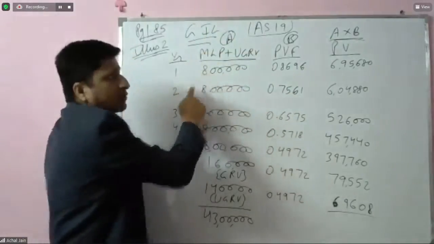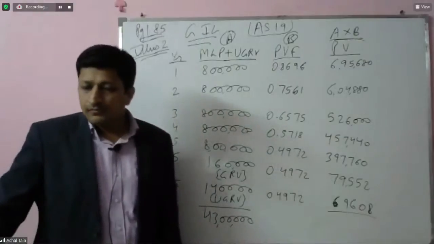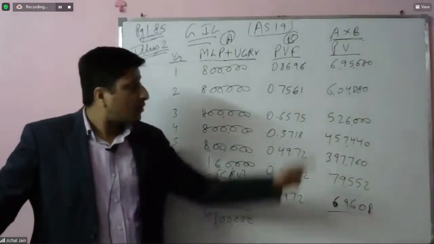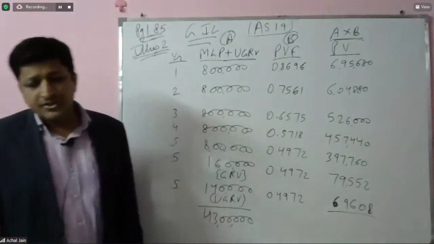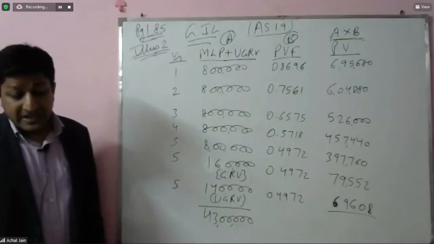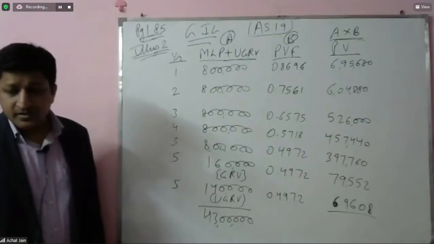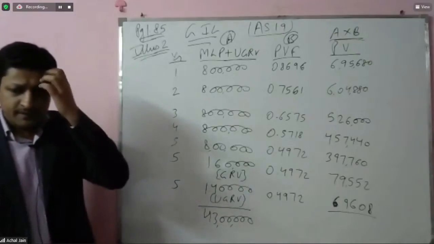Sakshi has also computed all of these amounts. Very good. Shirisha has also solved this amount. Great. Now, the present value of all of these is, I think Shabir has solved this. Yeah.